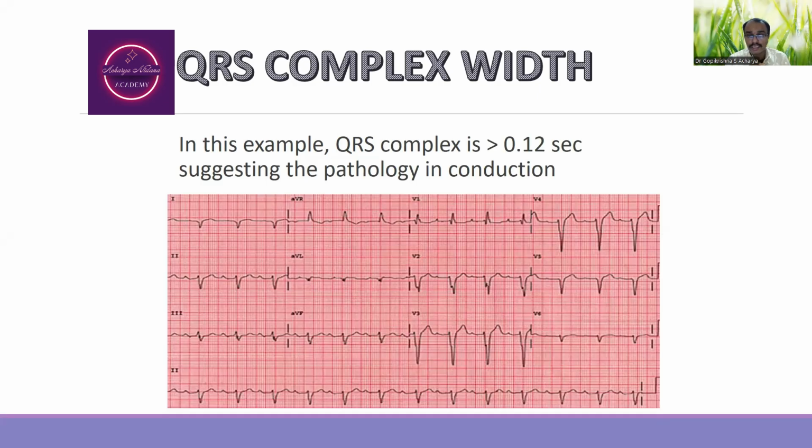Next, about the QRS width in this particular example. The QRS interval is more than 3 small squares.